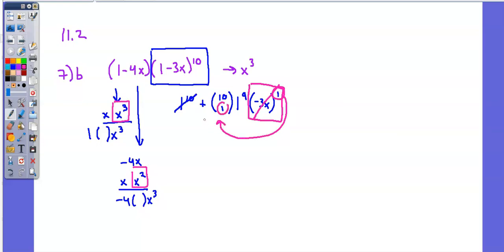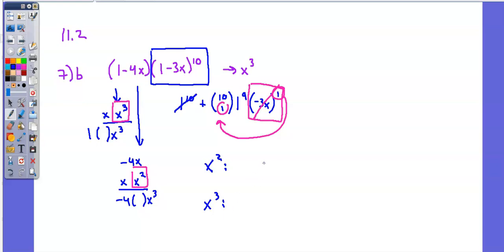So 10 choose something is the exponent that we apply to the second part of the binomial. With that, I can identify how I'm going to find my x^2 term and how I'm going to find my x^3 term, and then I'll work with them.